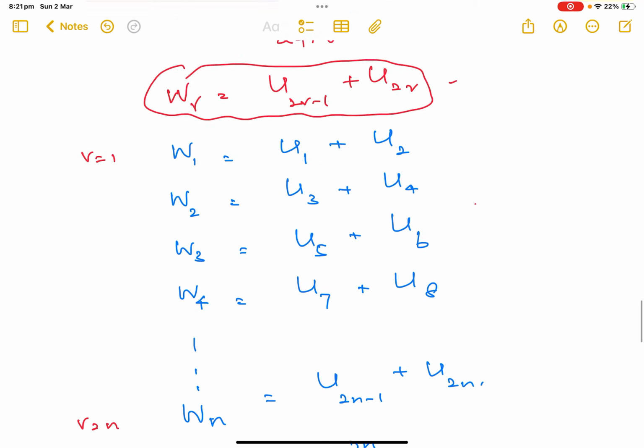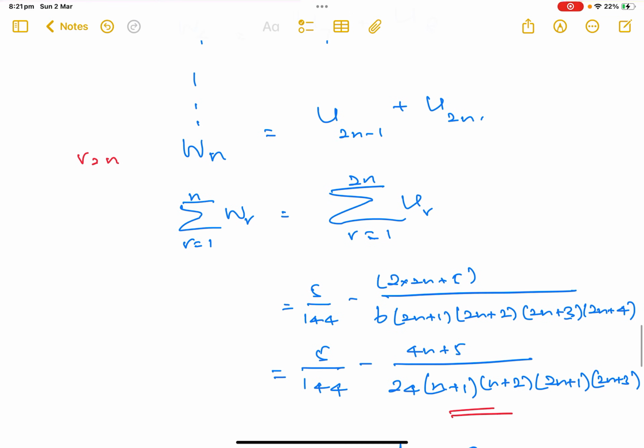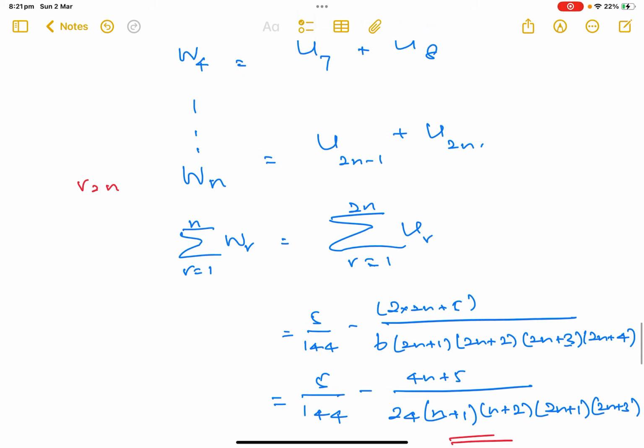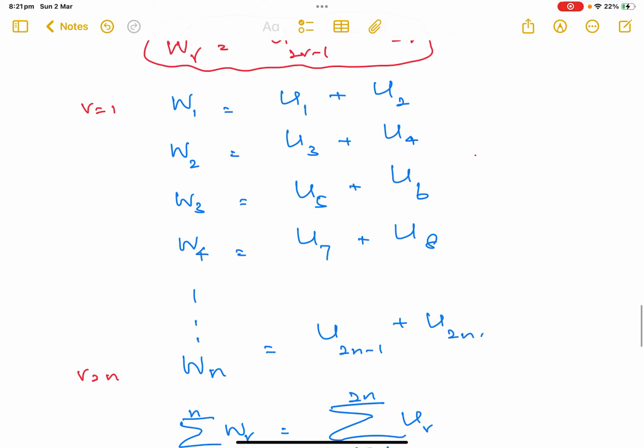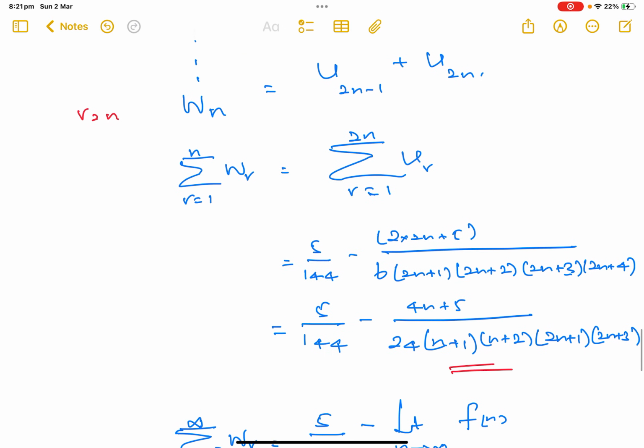u_(2n minus 1) plus u_(2n). If you look at the left-hand side, it is the sum of w_r, r from 1 to n. And this side, if you look at it, r equals 1, 2, 3, u_1, u_2, u_3, u_4, u_5, u_6, it simply is u_1 plus u_2 plus u_3 if you add them together, and so on.